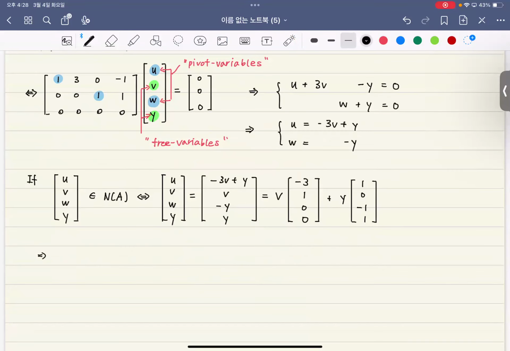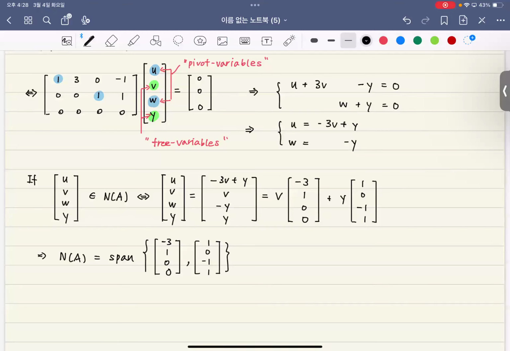So in other words, this is the conclusion.